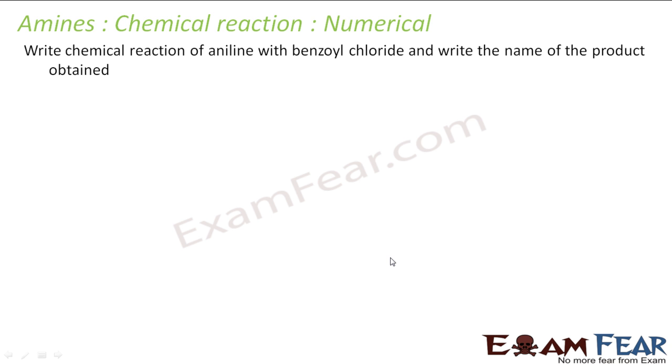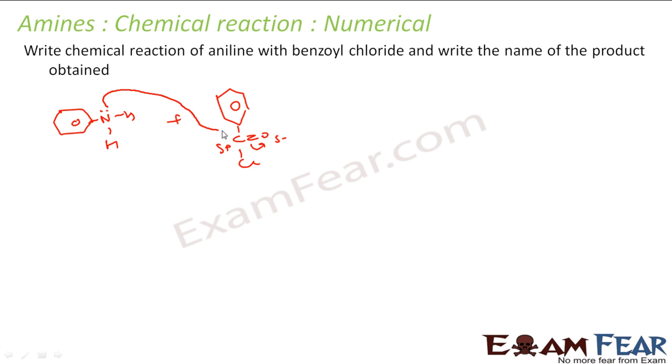Correct. Let's see this reaction, where we write the chemical reaction of aniline with benzoyl chloride. So I have my aniline here, and I have a benzoyl chloride here. Cl has slightly negative, and carbon slightly positive charge.